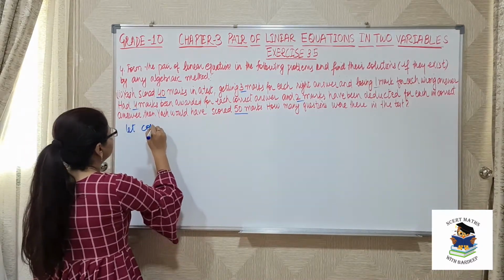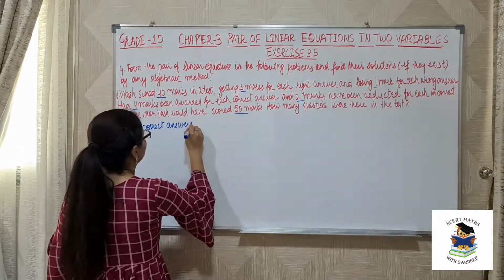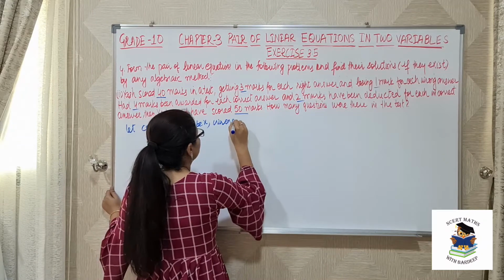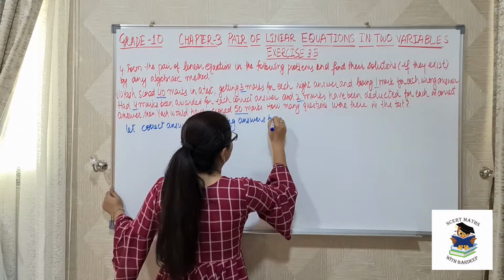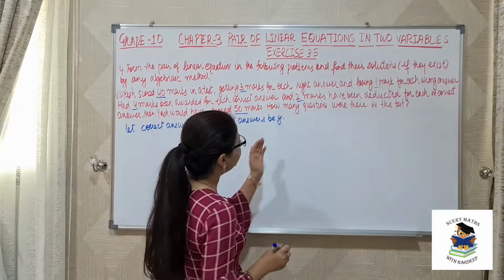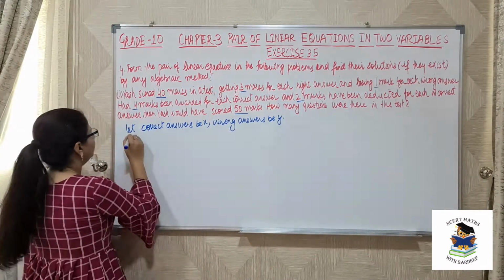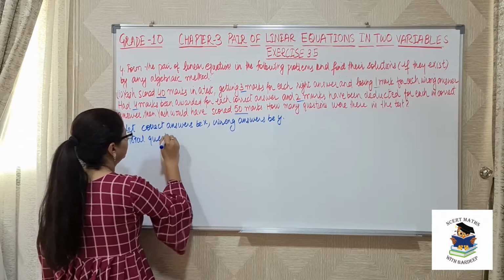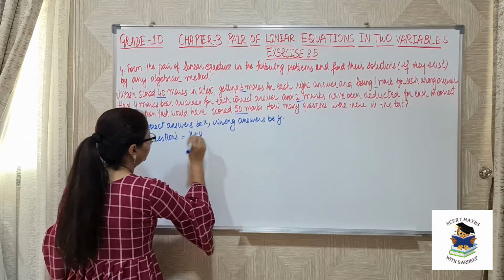Let correct answers be x and wrong answers be y. So how many questions were there in the test? The number of total questions is x plus y.